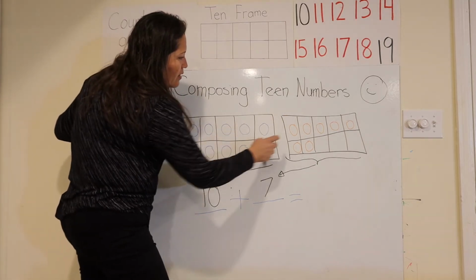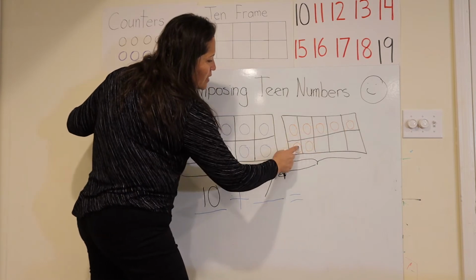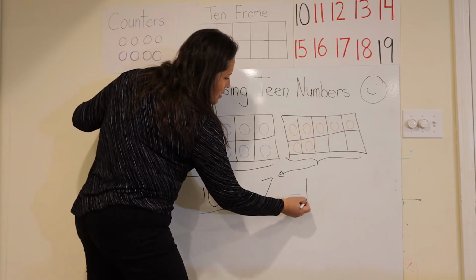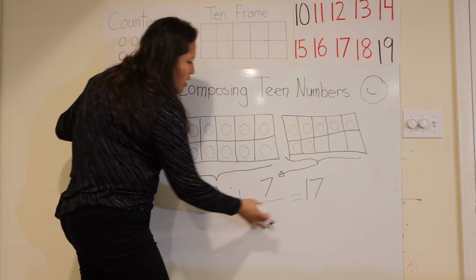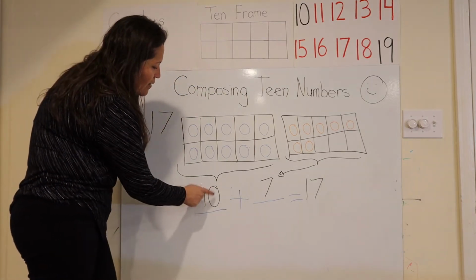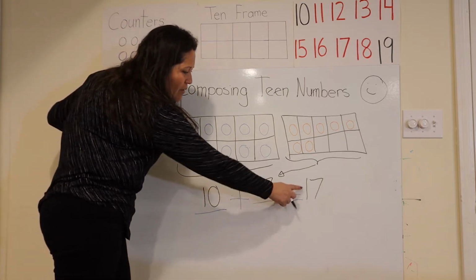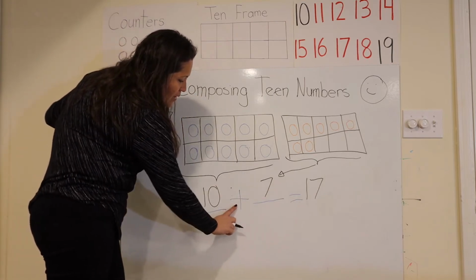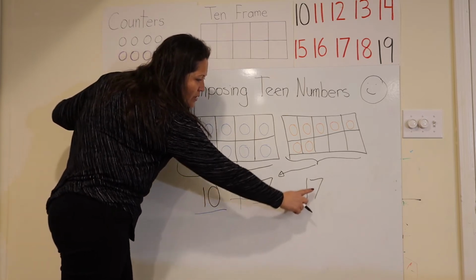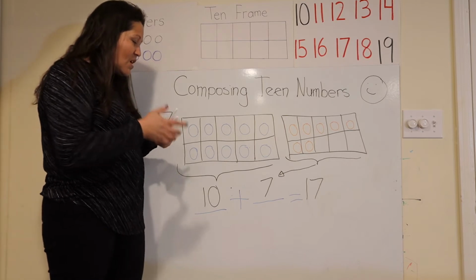So 10, 11, 12, 13, 14, 15, 16, 17. And that's how we compose our number 17. We say 10 plus 7 ones is 17, right? 10 plus 7 equals 17, right? All right.